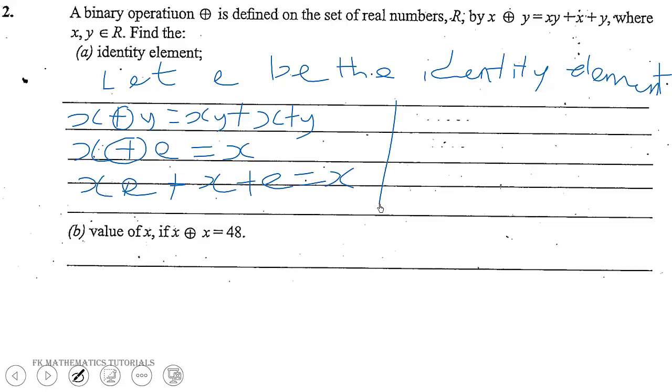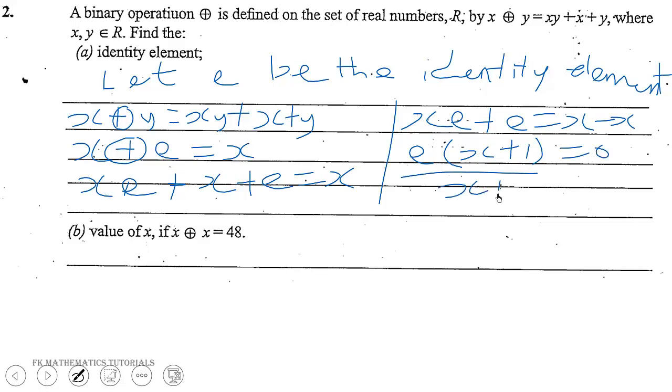So we group the terms containing the identity element: it is equal to x minus x. So we factor the identity element out, E(x + 1) is equal to 0. Dividing through by x plus 1, we get the identity element equal to 0 over x plus 1, which is 0.